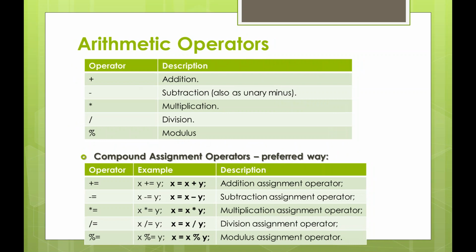I have mentioned it as the preferred way, whenever you can use compound assignment operators, because they are implemented in an efficient way compared to the equivalent. The compound assignment operators for arithmetic are plus equals, minus equals, multiplication equals, division equals, and modulus equals.